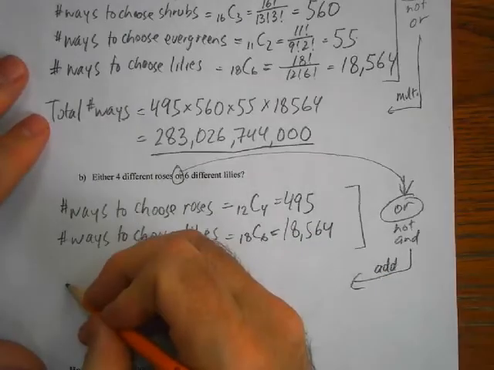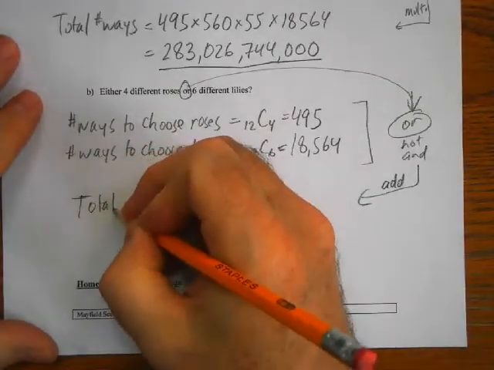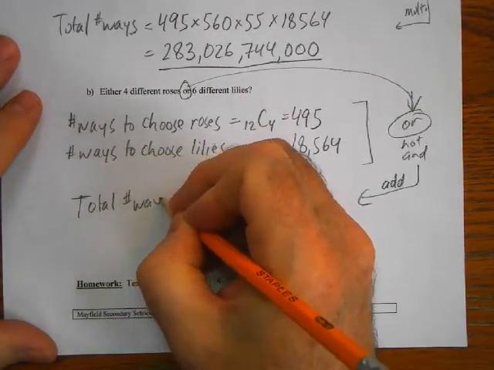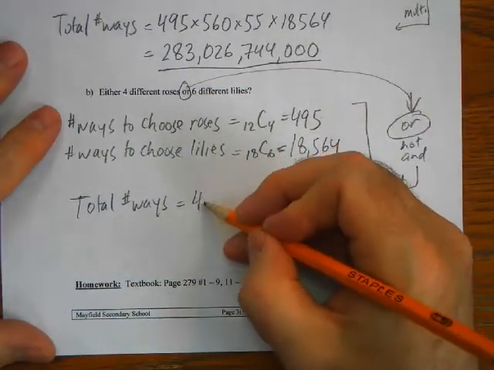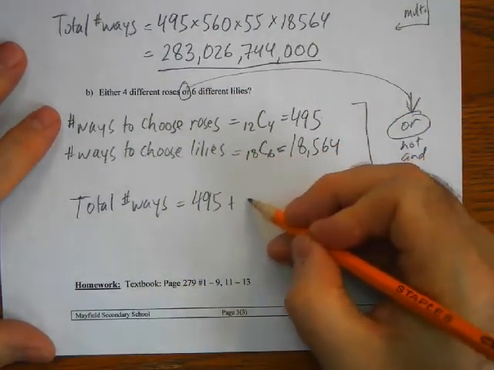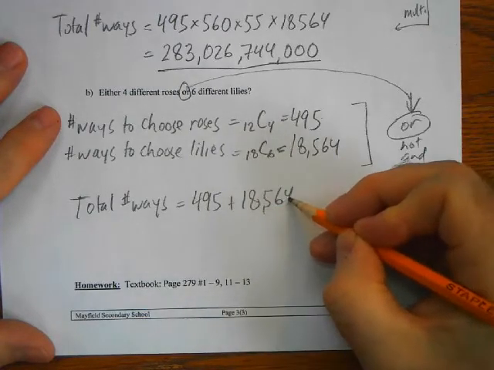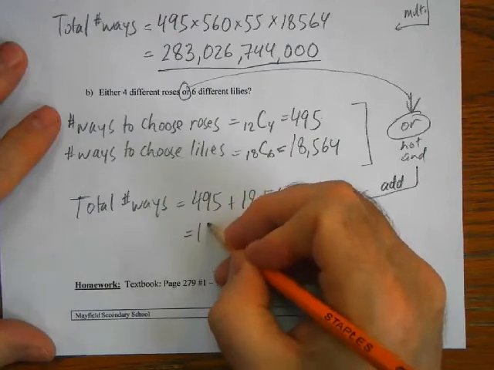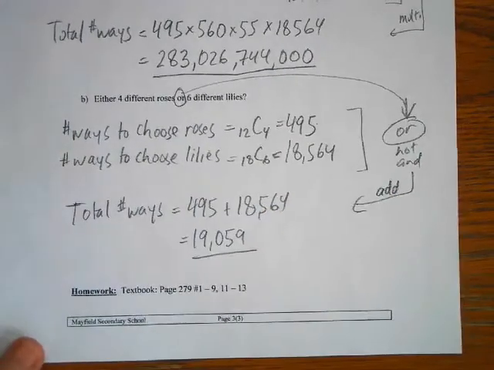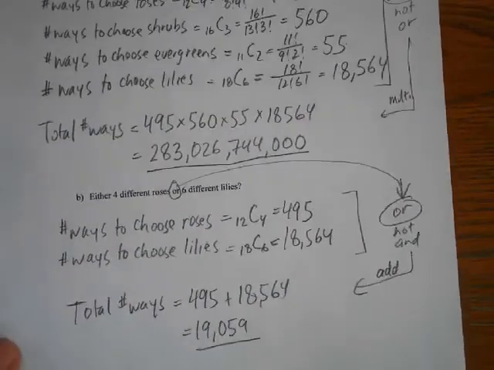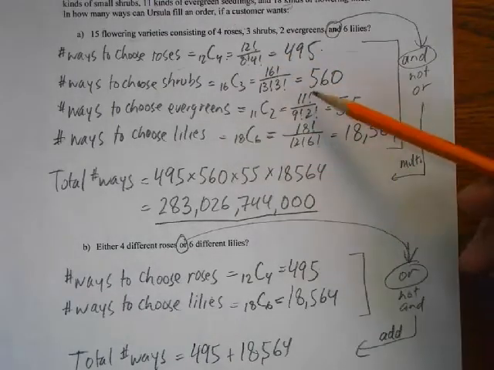So in this case, the total number of ways is equal to these two numbers added together, 495 plus 18,564. That's equal to 19,059 ways. Okay, so that's good, we practiced the combinations.